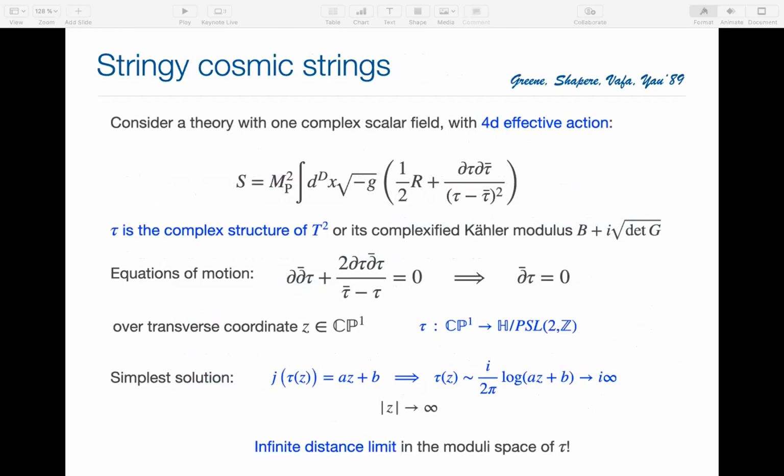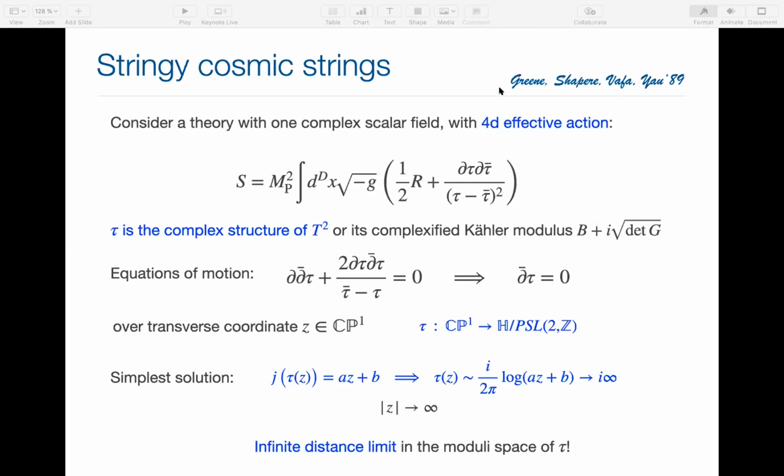It's not new at all. It's probably older than some of the people attending this conference, and was put forward by Green et al. This very classical example already tells you how a string can connect with infinite distance, which is going to be the message to take home from this talk.